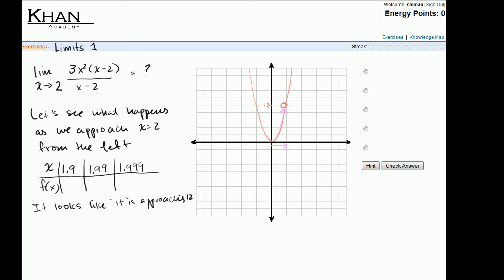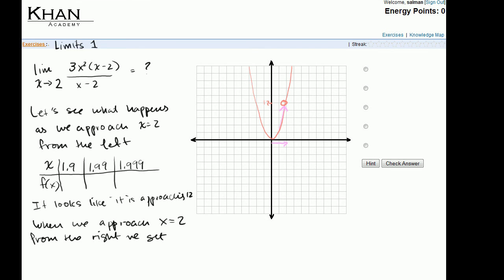Then if they click hint again, we'll do the same exact thing, but we'll approach from the right. When we approach x equals 2 from the right, we get, and then we do the same thing.